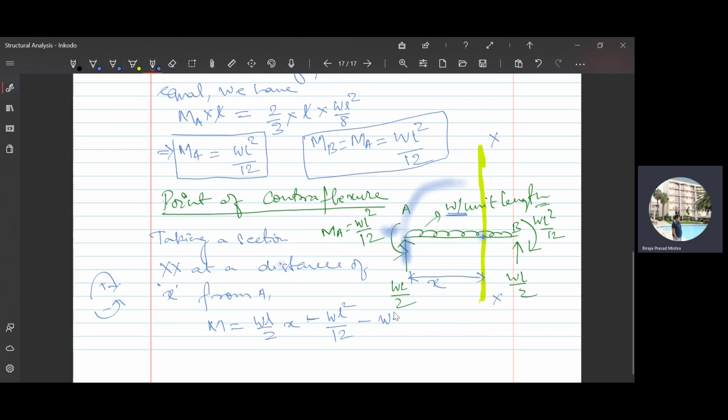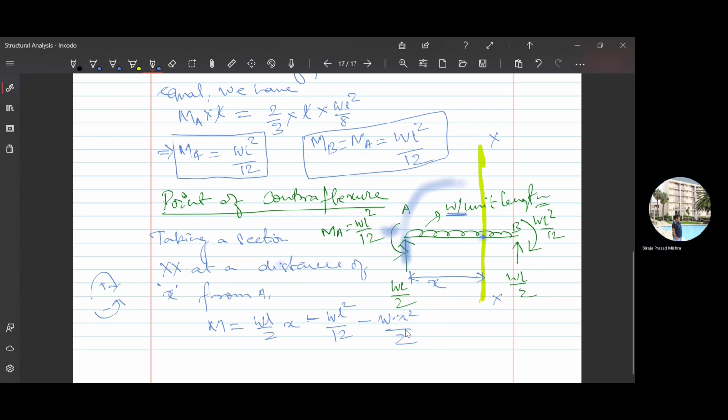Is it Wx into x by 2, or will it be W into L by 2 into x? Which one? Okay, Wx square by 2.